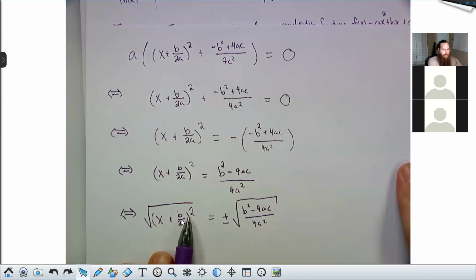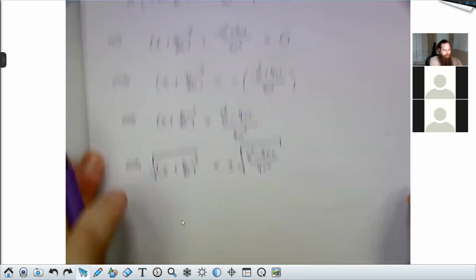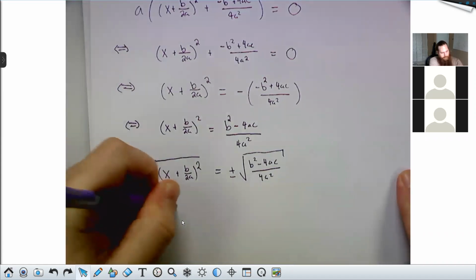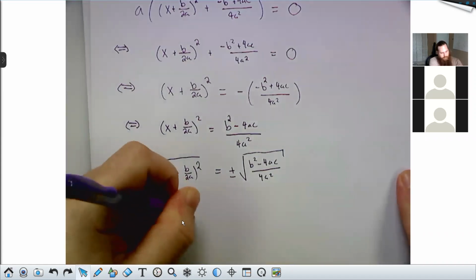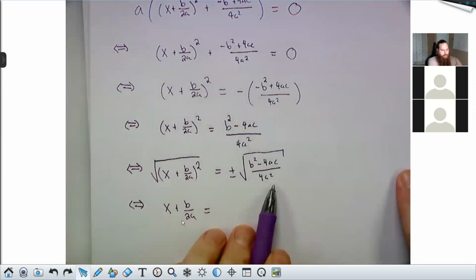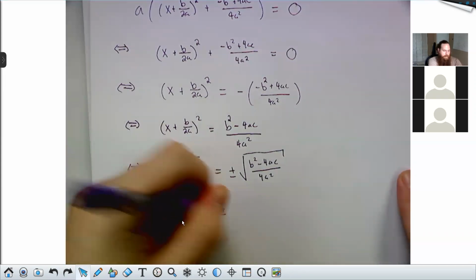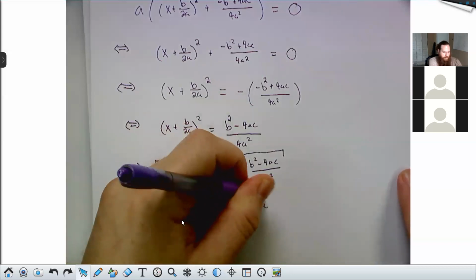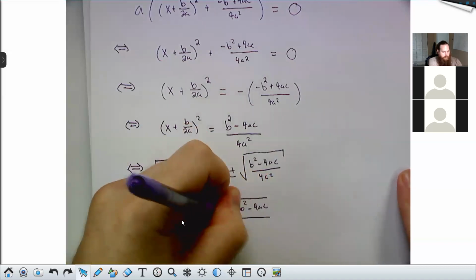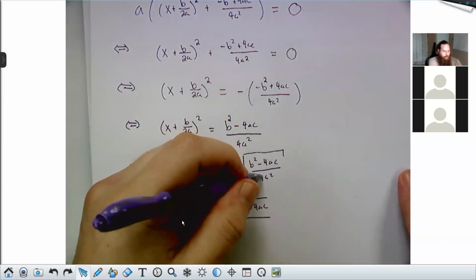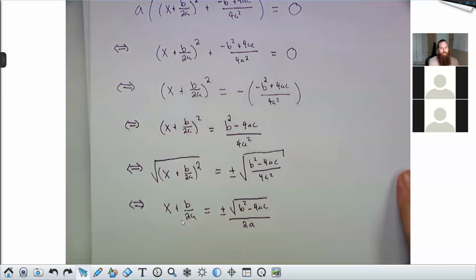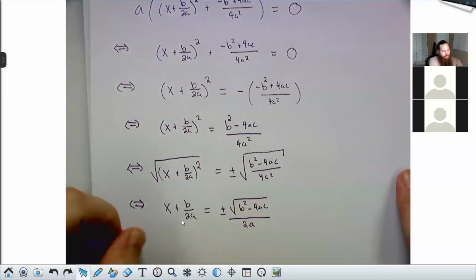The square root and the square cancel on this side. And I can simplify the square root here too by giving it to the top and bottom separately. The square root of the downstairs is the square root of 4, which is 2, times the square root of a squared, which is a. And now I subtract b over 2a from both sides.